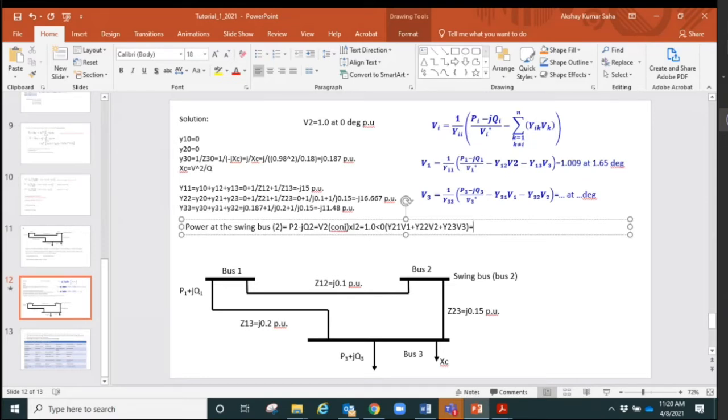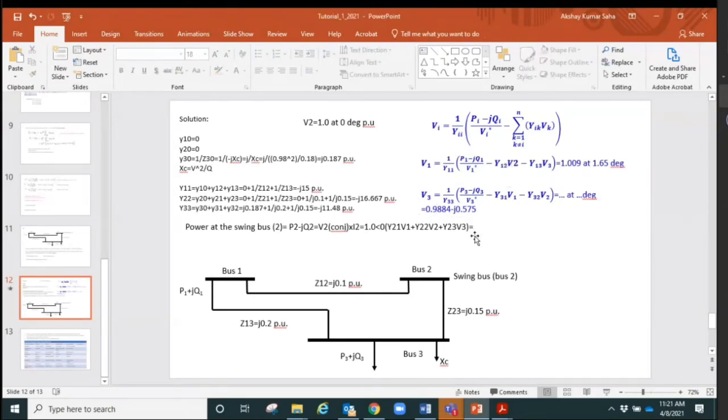Sorry, sir, what is your value for V3? It will be a little different from yours because of approximation, but my value, in terms of a plus jb, was 0.9884 minus j0.0575.